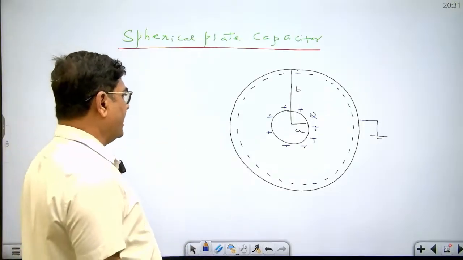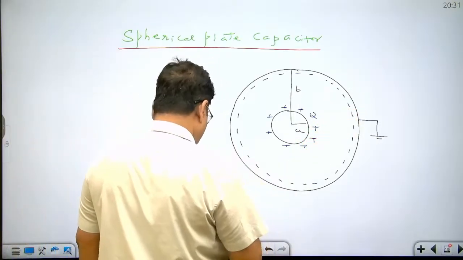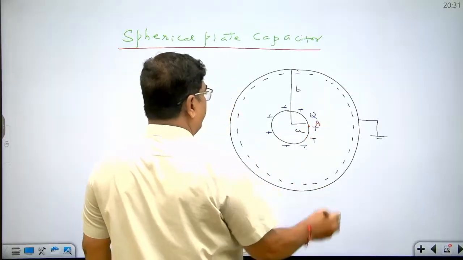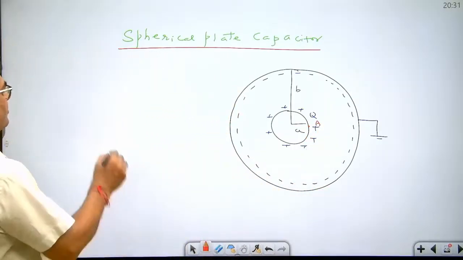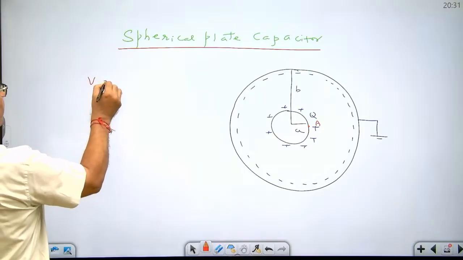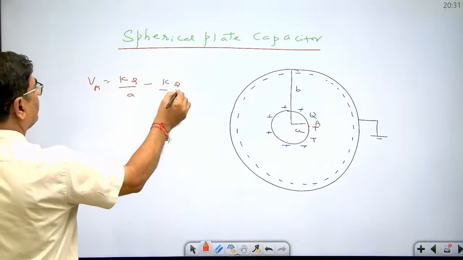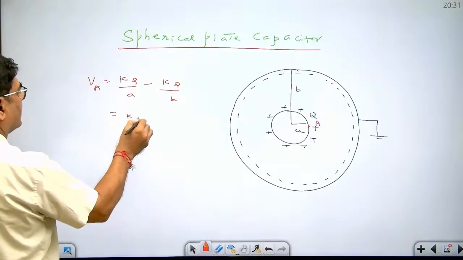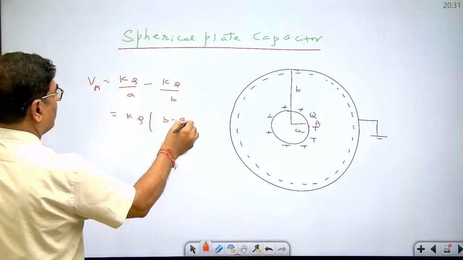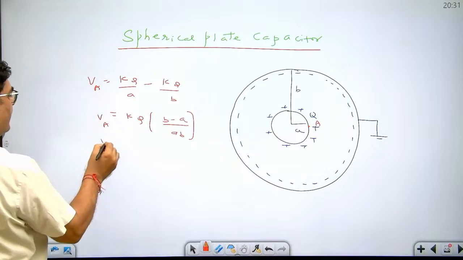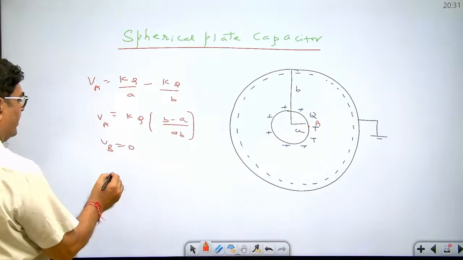The potential at the earth connected point is 0. Now let's calculate the potential at point A as we calculated in electrostatics. The potential at A is KQ upon A minus KQ upon B, so this is KQ, B minus A upon AB.